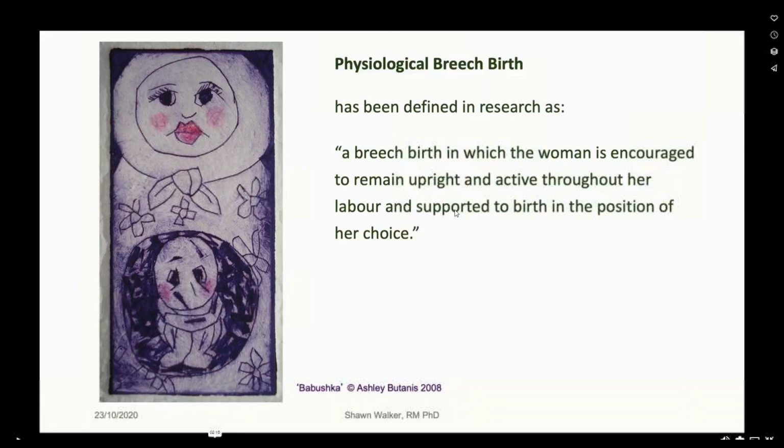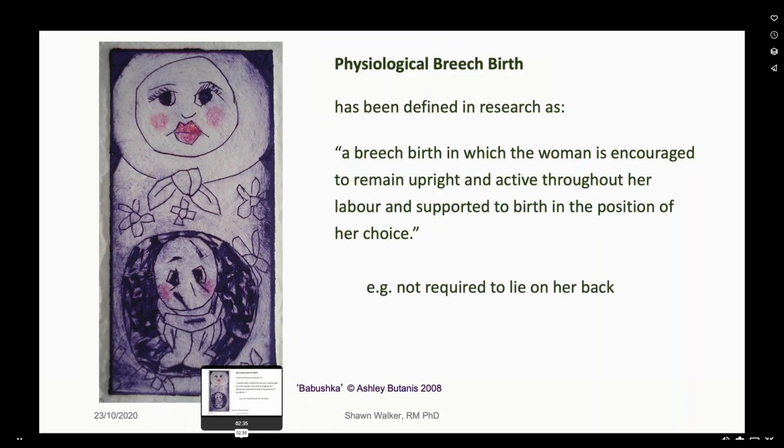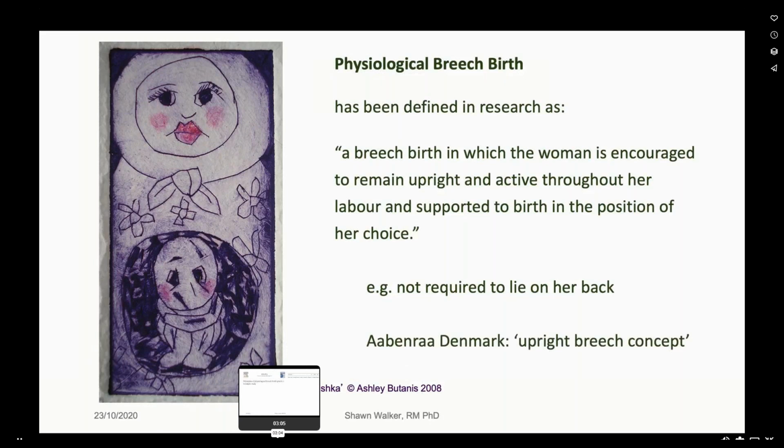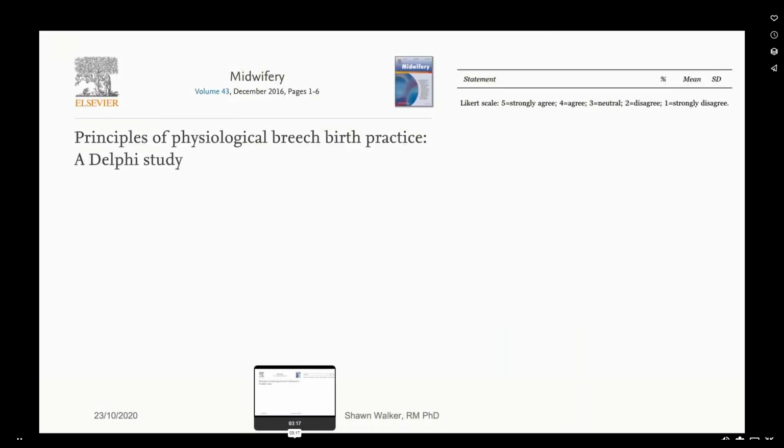Okay, I'm going back to the video if you think it's useful. So guys, in this video, as I show you, the encouragement of upright position is important. And again, the woman is not required to lie on her back during the breech delivery. So avoid this, please.